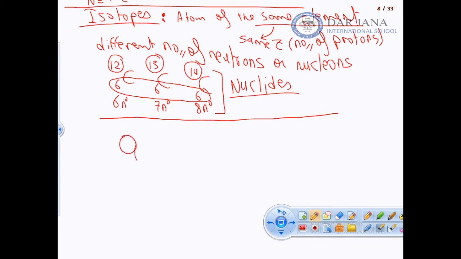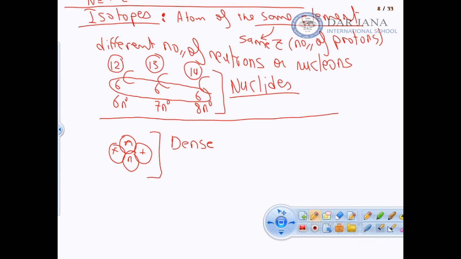Let's say this is the nucleus. We have a neutron here, a proton here, and also a neutron and a proton here. As we know, the nucleus is very dense and tightly bonded. The protons and the neutrons are very close together.